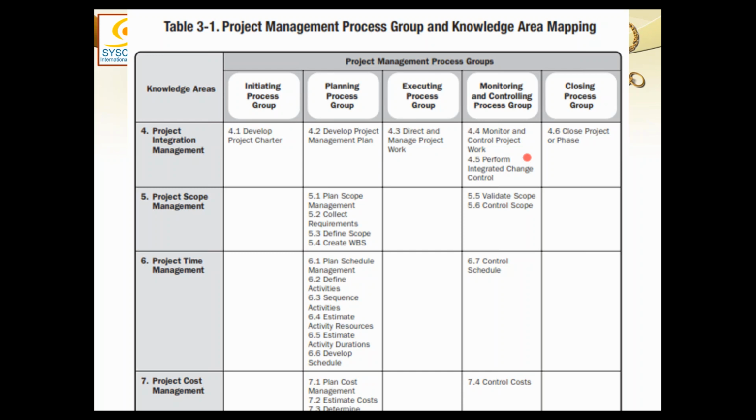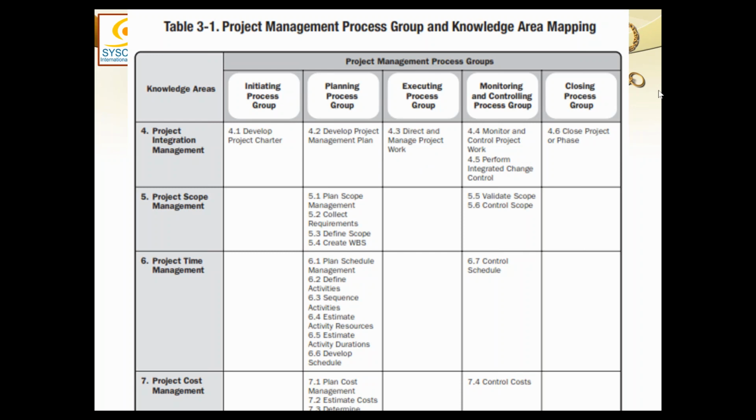Especially scope, time and cost are integrated into the project management plan completely, and they are executed as a whole in execution by the integration process, direct and manage project work. This process is responsible for actually executing the scope and time and cost.